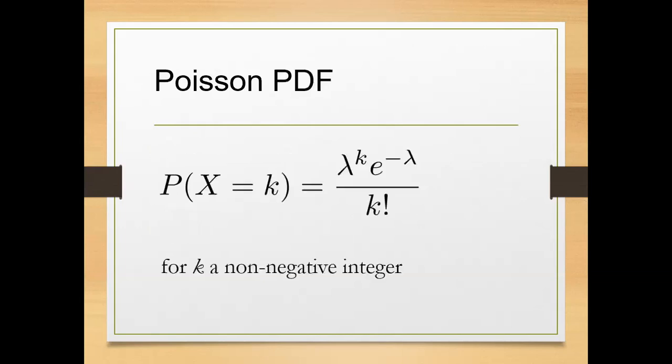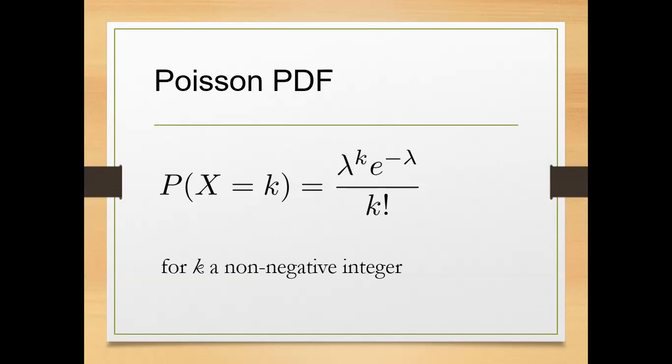And here is the probability of x being equal to some number if we're in the Poisson distribution. x is a non-negative integer here, because in theory I could observe 0 things, but I could also observe 1 or 2.